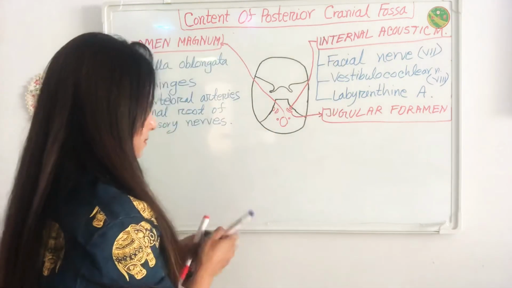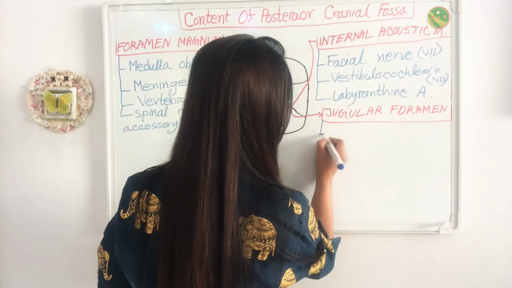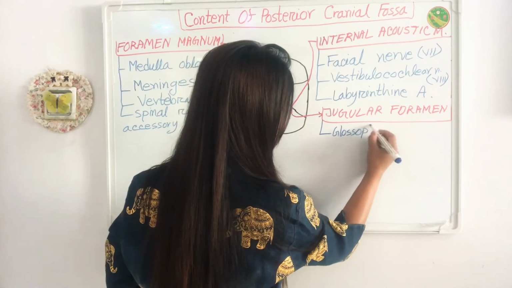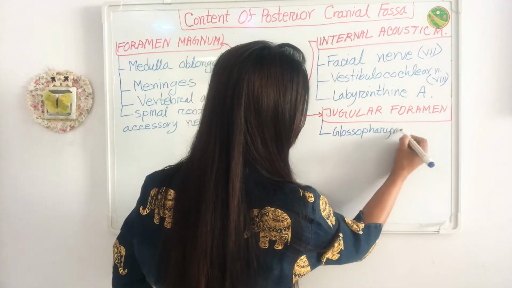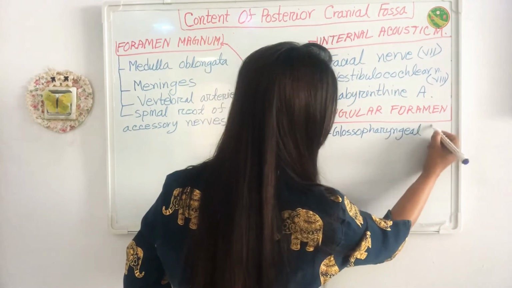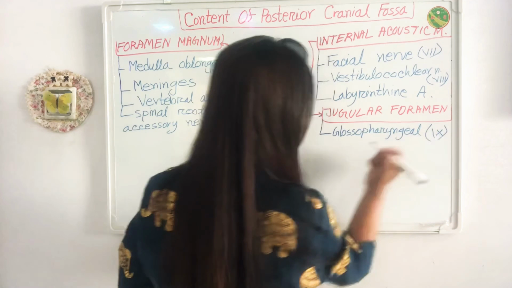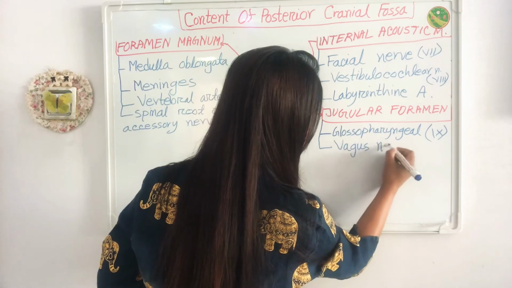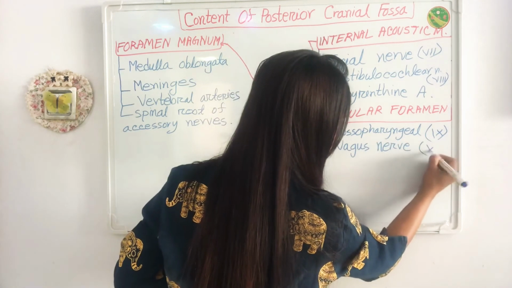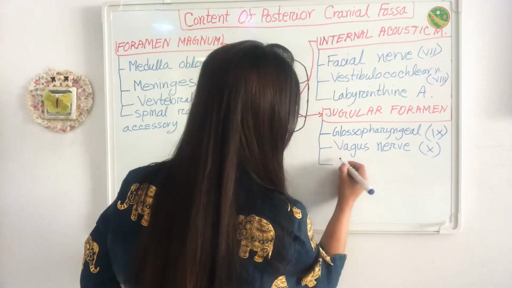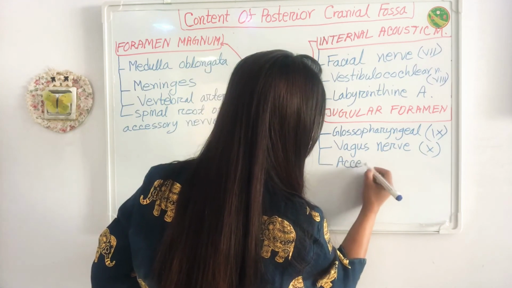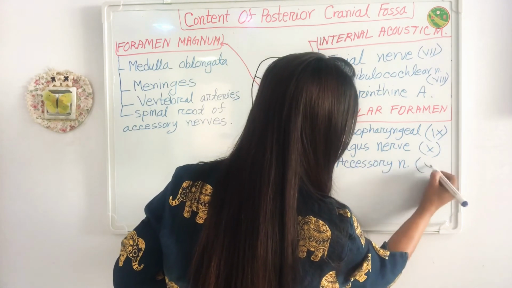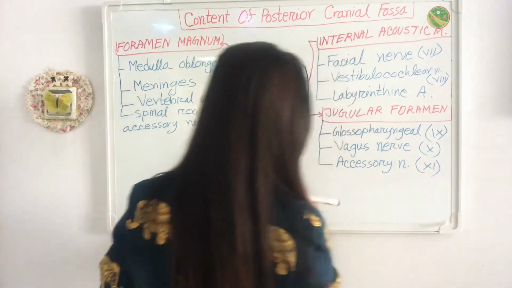So let's see. First is the glossopharyngeal nerve or 9th cranial nerve, then the vagus nerve or 10th cranial nerve, and the accessory nerve or 11th cranial nerve.